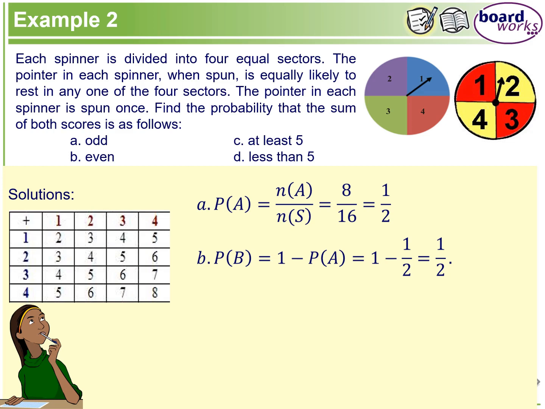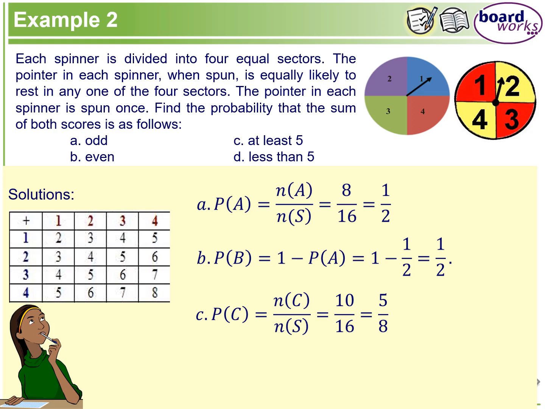Letter C. The sum of both scores is at least 5. So you will just count here in the possibility diagram the sum which is at least 5. What do you mean by at least 5? It could be 5, 6, 7, or 8.